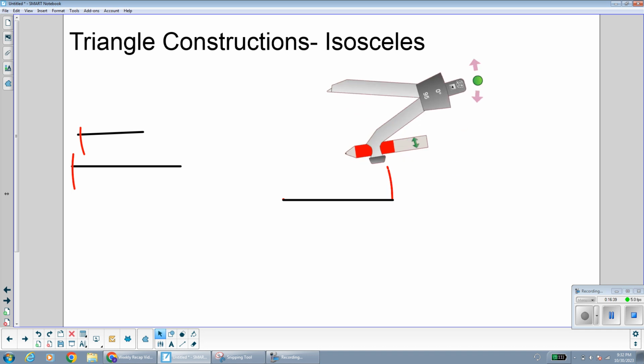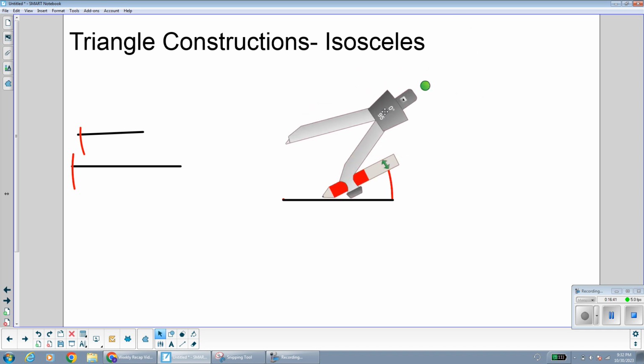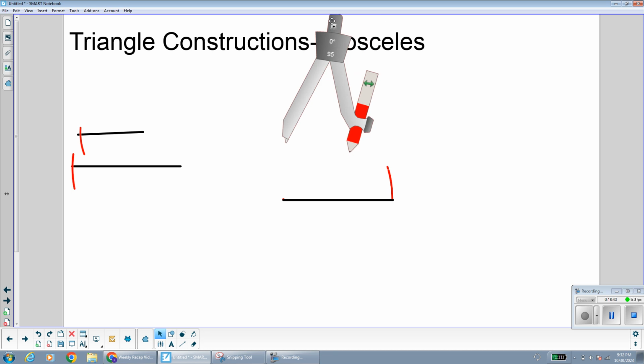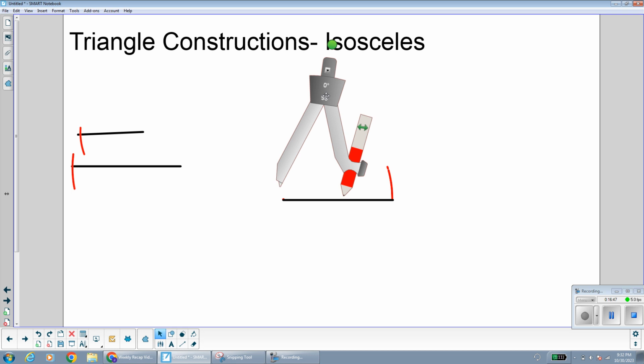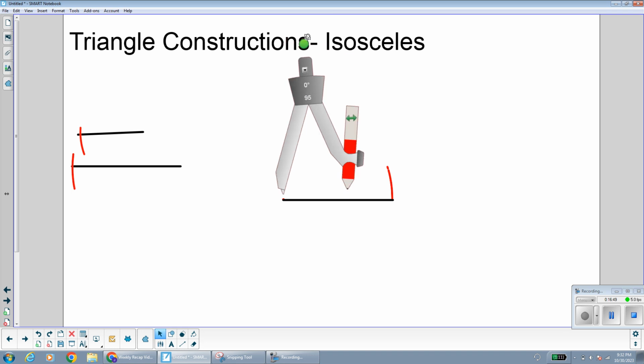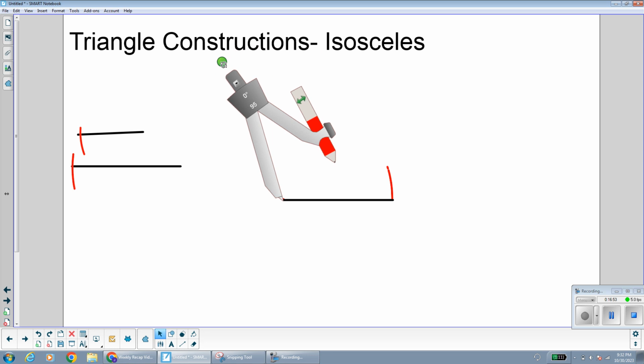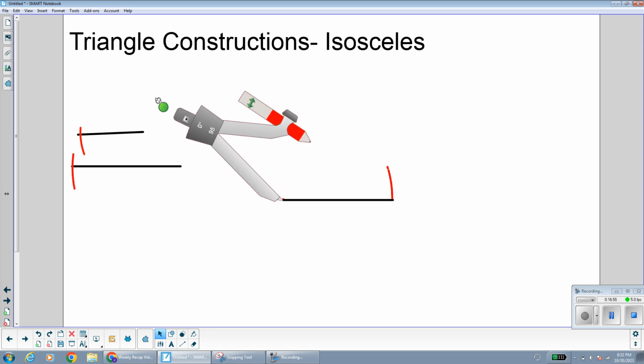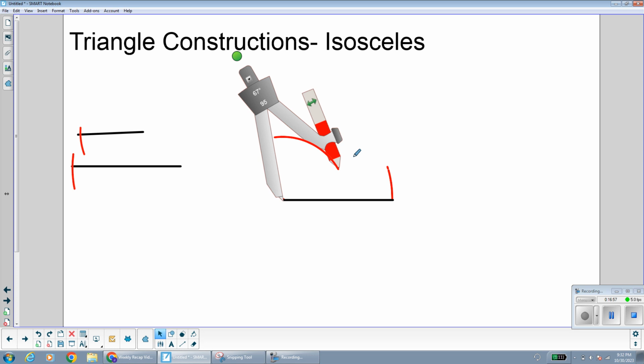I'm going to take my compass with the measurement, without changing the measurement, and I'm going to put it on one of the endpoints. And I'm going to swing an arc.